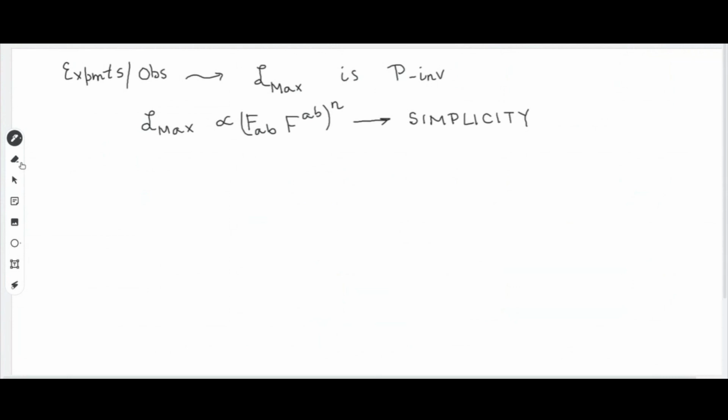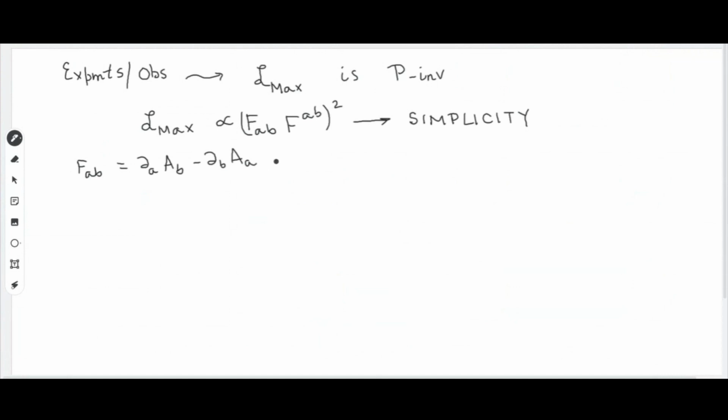For instance, if you chose this to be not 1 but 2, if you chose this to be F_AB F^AB squared, and recall that F_AB can be written in terms of the vector potential like this. This is something we have discussed endlessly.